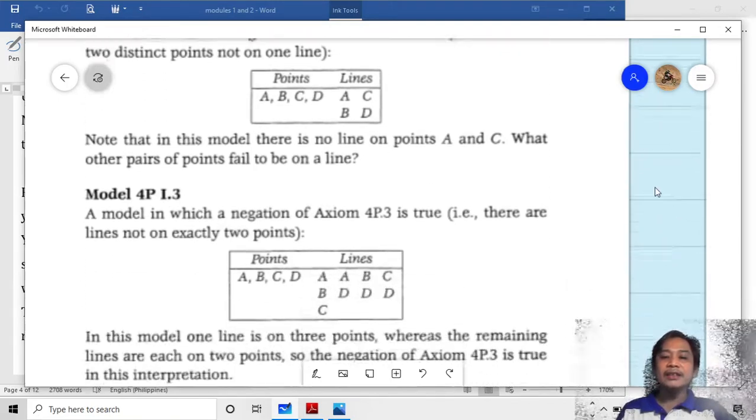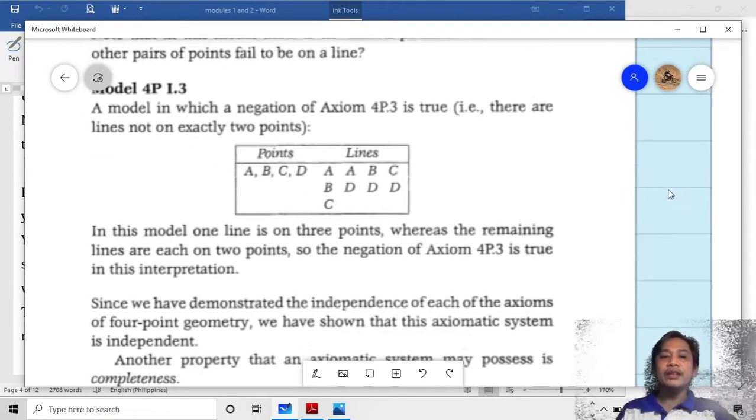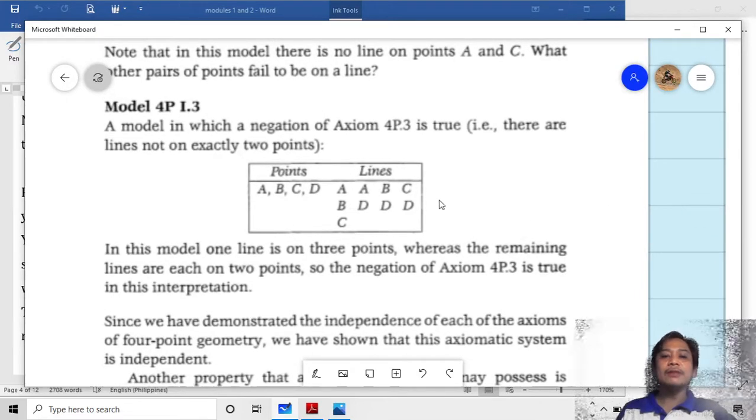Lastly, here is a model showing that the third axiom of the 4-point geometry is independent. We see again that there are 4 points, A, B, C, and D, and the lines are given to be ABC, AD, BD, and CD. The first axiom is true because there are exactly 4 points. Axiom 2 states that every pair should be in exactly one line.